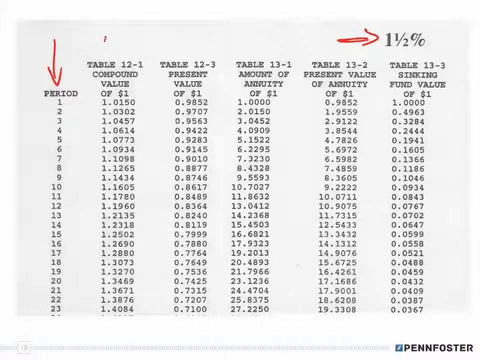If you're asking for a future value of a lump sum, that's column 1 here. If you're looking for a present value of a lump sum, that's column 2 here. If we end up in chapter 13, or when you're doing a test question, and you need the future value of an annuity, you're going to use column 3.